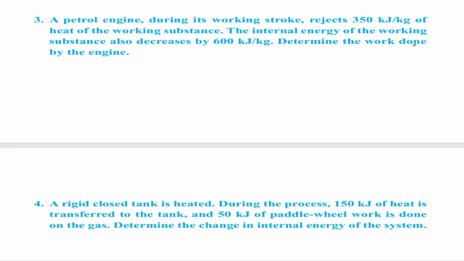Determine the work done by the engine. For this petrol engine also we can consider it a closed system, so we know Q minus W is equal to the change in internal energy.